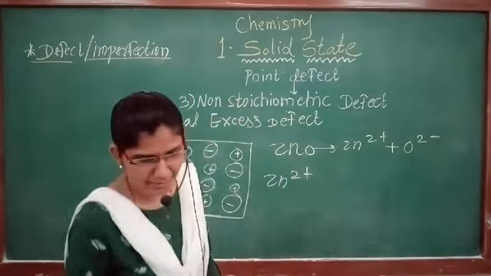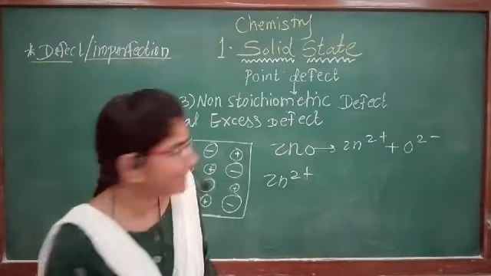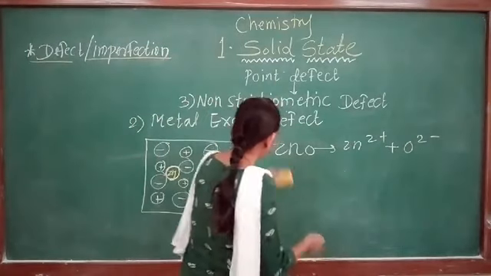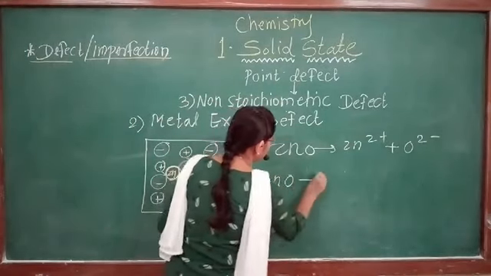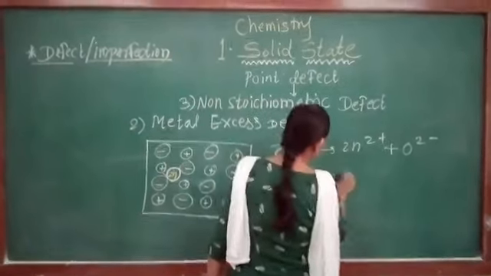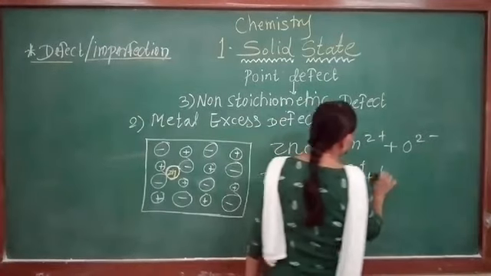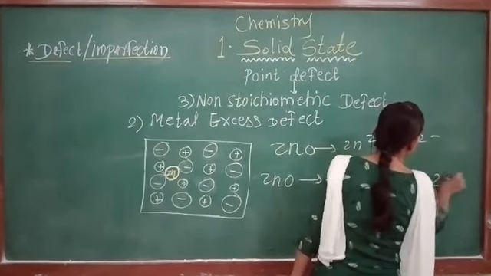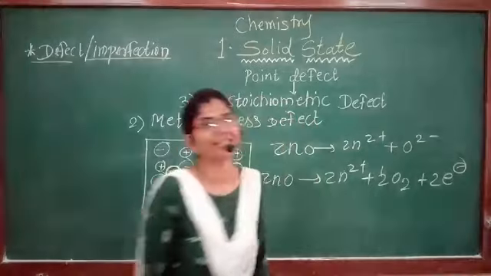That means when we heat ZnO, it forms Zn2+ plus half O2 plus two electrons, which are released.